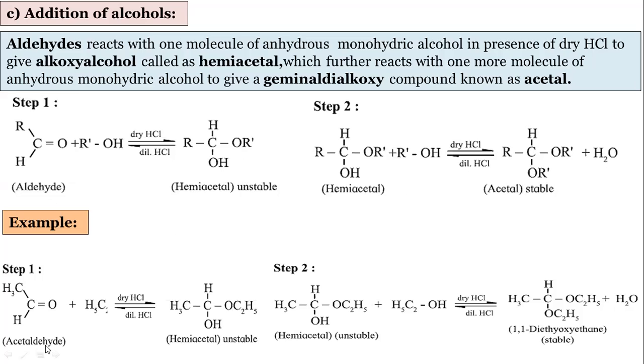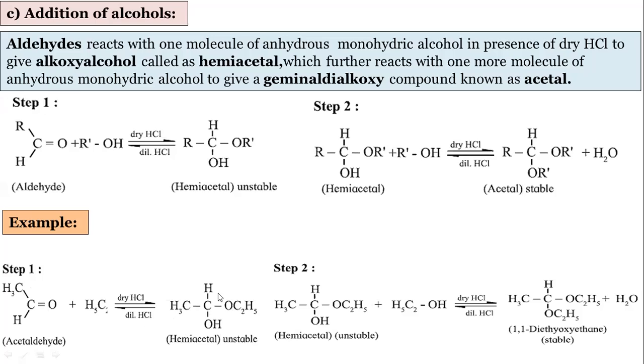I will take one example. This is acetaldehyde, CH3CHO plus C2H5OH. In presence of HCl, we get CH3CH(OH)OC2H5 here.